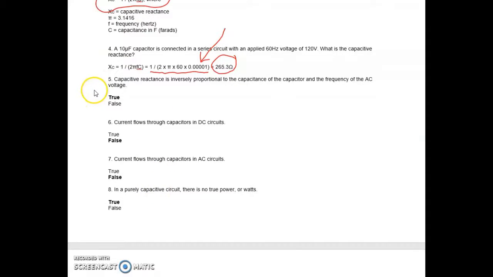Number 5, true or false? Capacitive reactance is inversely proportional to the capacitance of the capacitor and the frequency of the AC voltage. That's true. So if we look at the formula for capacitive reactance, we see that frequency and capacitance are under 1, so it's 1 divided by 2 pi frequency and capacitance.